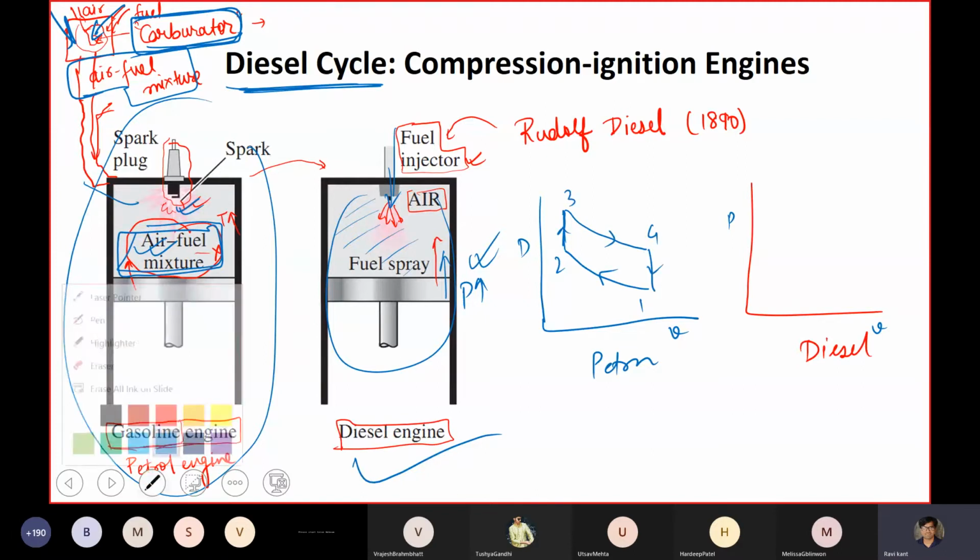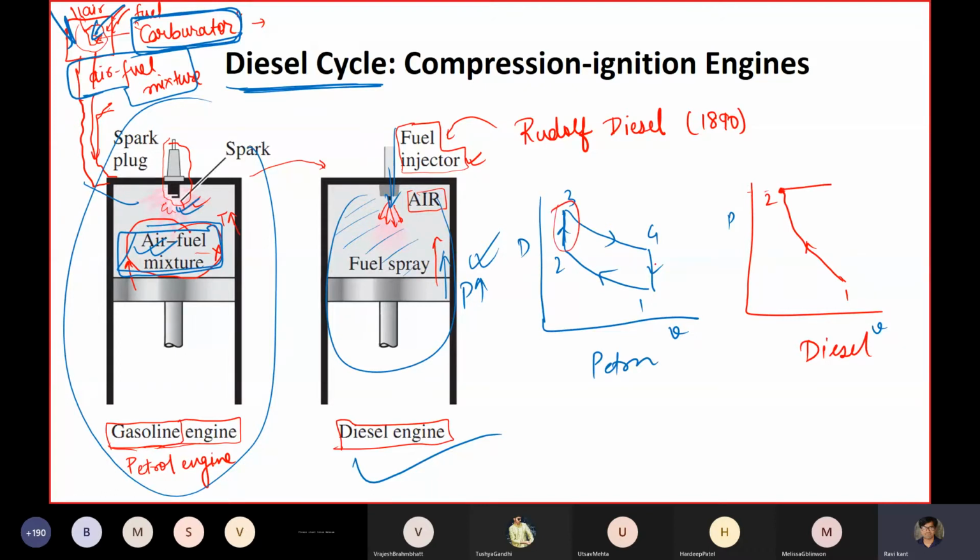Whereas in the diesel cycle, we have the same isentropic compression from 1 to 2, but here the pressure goes high and the heat addition takes place at constant pressure rather than constant volume.